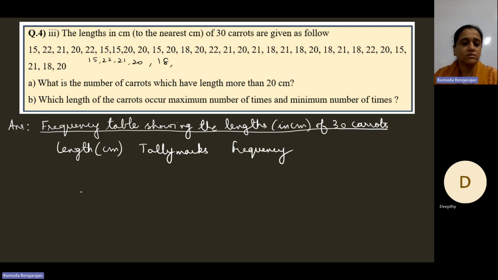Now length. What are the different lengths you see here? Write the values in the ascending order: 15, 18, 20, 21, 22.